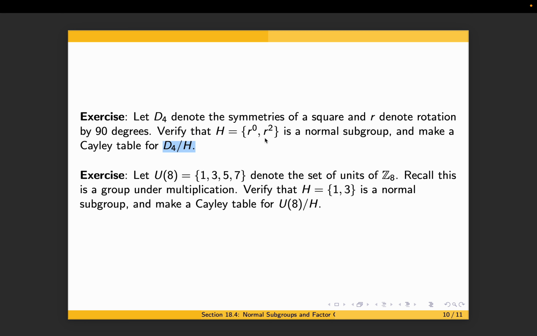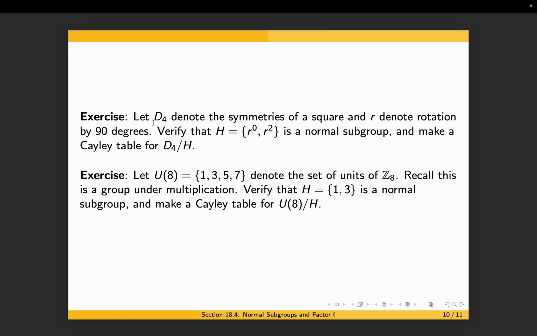If you insist now that rotation by 0 and rotation by 180 are the same thing, what consequences does that have? What do the cosets look like? And so on. And then here, U8, 1, 3, 5, 7, these are the multiplicatively invertible elements of Z8. It's a group under multiplication. So I want you to verify that the set consisting of just 1 and 3 is a normal subgroup, and then think about what this quotient group looks like.